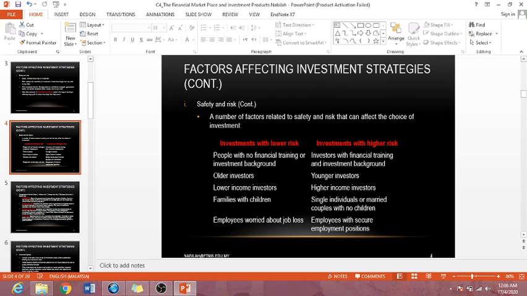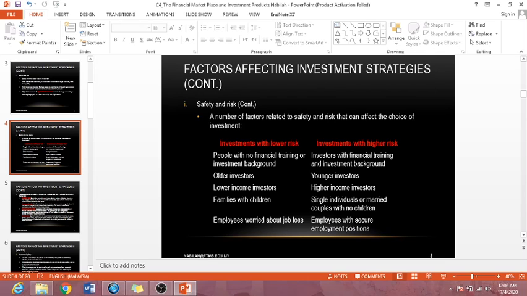Families with children, because there is too much risk for them to get involved with higher risk. That's why they choose lower risk. Because they have children, families, relatives and so on, they don't want investments with high risk to affect their family.